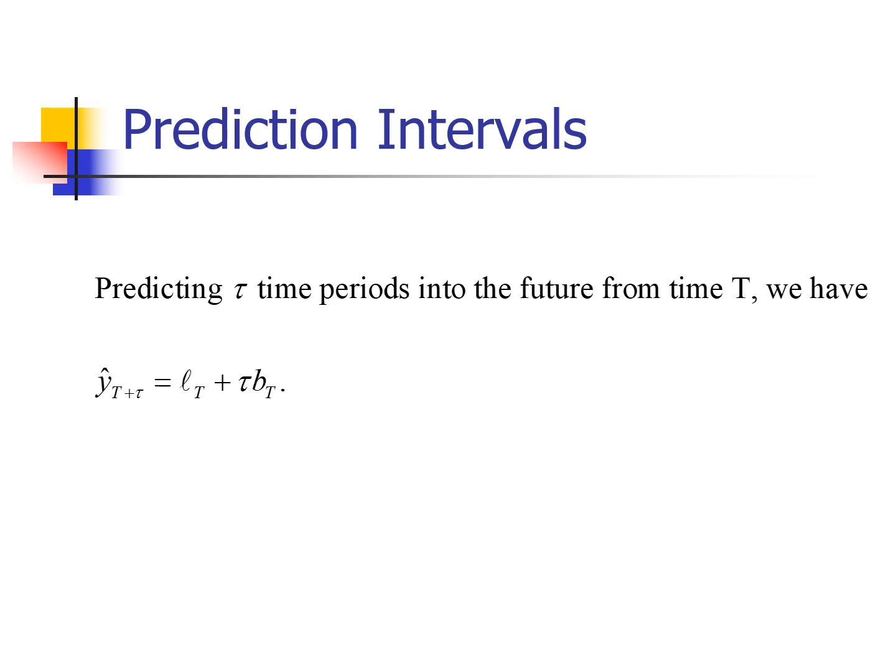All right, so how do we use all this information? Well, if I want to do a prediction tau time points into the future from time T, the last time point in our data set, again imagine like time point 50, then y hat T plus tau is the level at capital T plus tau times the growth rate.